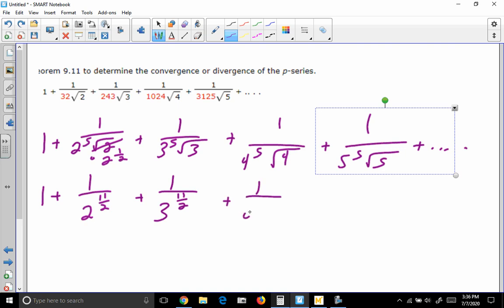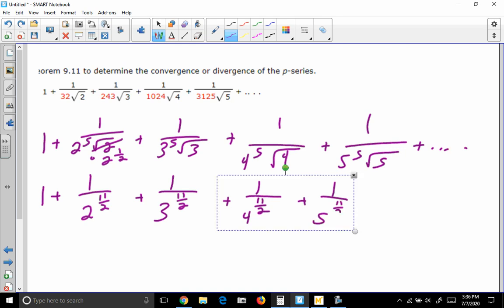Then our base is 4. 5 plus 1/2 is our exponent, and then 5. So our series, n starts at 1, goes to infinity, and we have 1 over n to the 11/2. That's our series. So this is a p-series because our base is our counter.